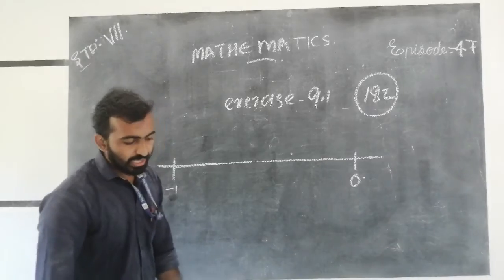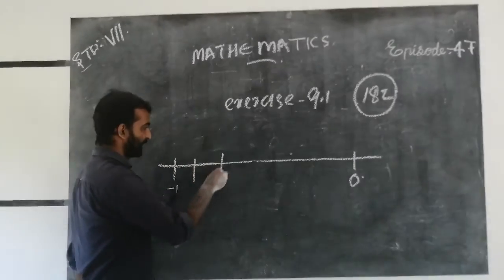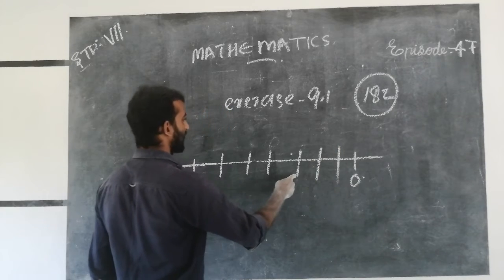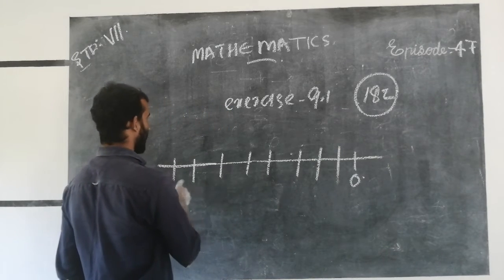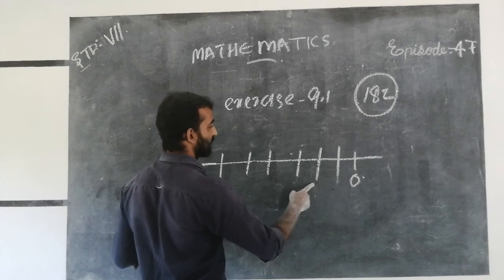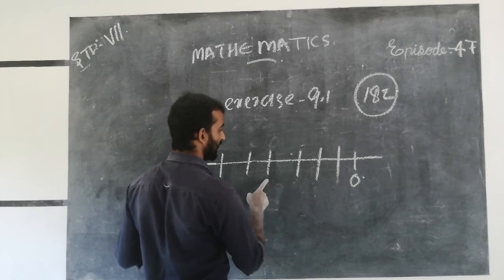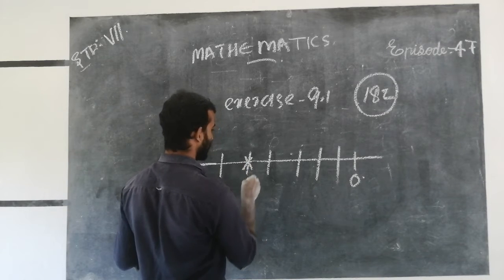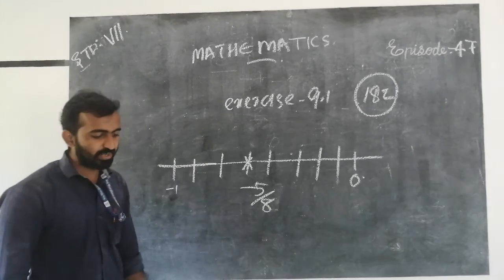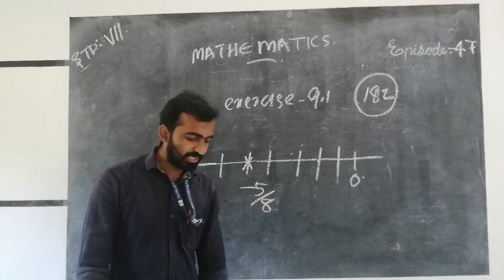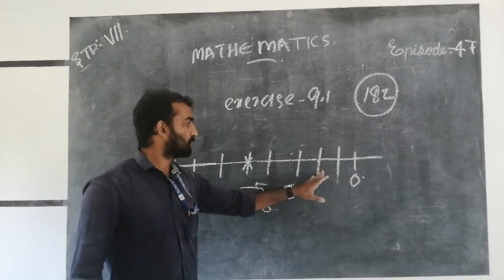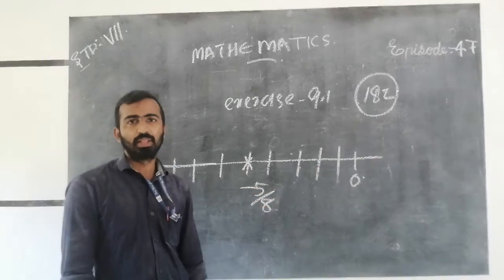We divide it into 8 pieces: 1, 2, 3, 4, 5, 6, 7, 8. That is negative 1 by 8, negative 2 by 8, negative 3 by 8, negative 4 by 8. This is negative 5 by 8, after 4 lines, that is 1, 2, 3, 4, 5.